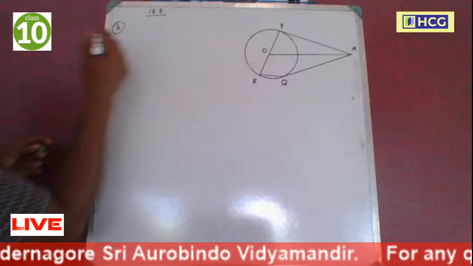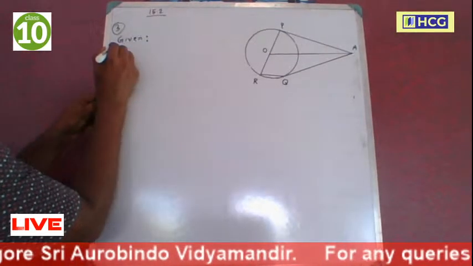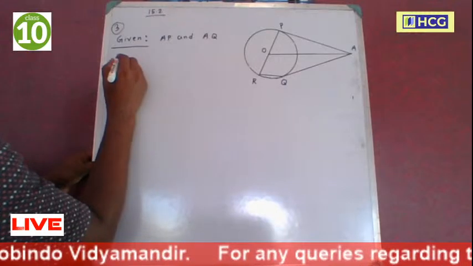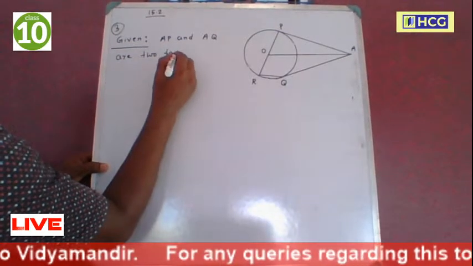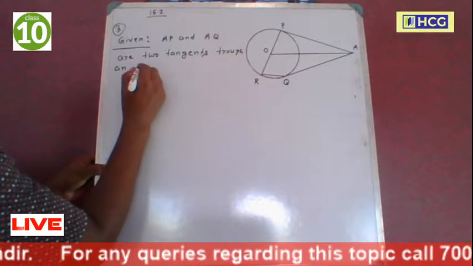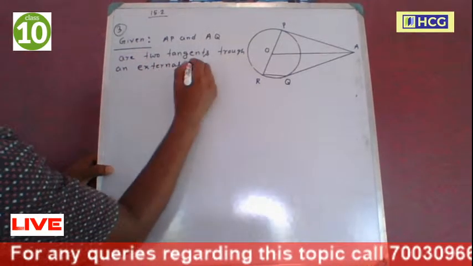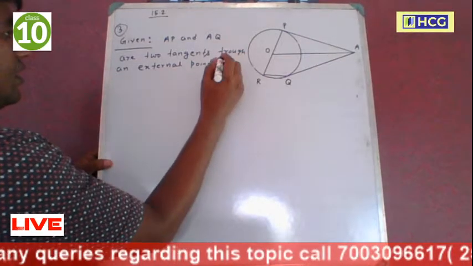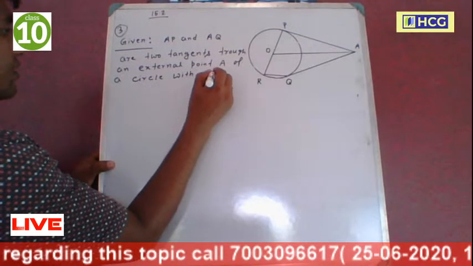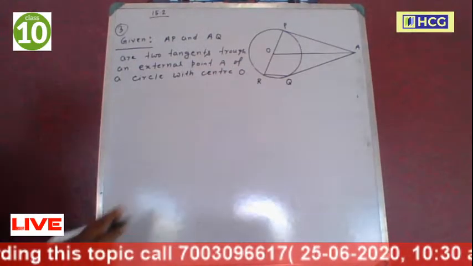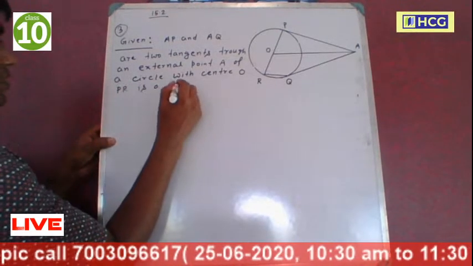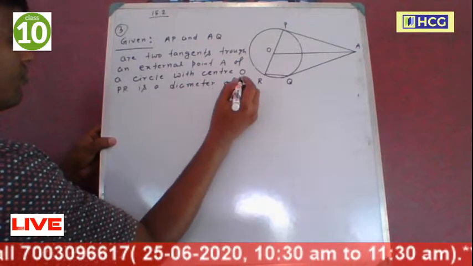Now, given: AP and AQ are two tangents through an external point A of a circle with center O. PR is a diameter of that circle.